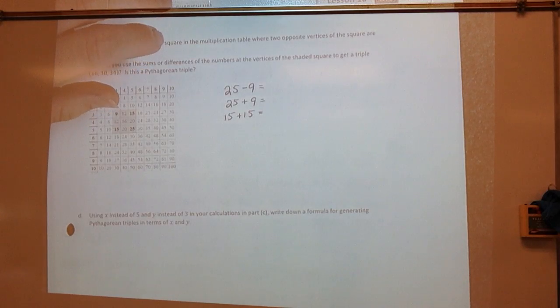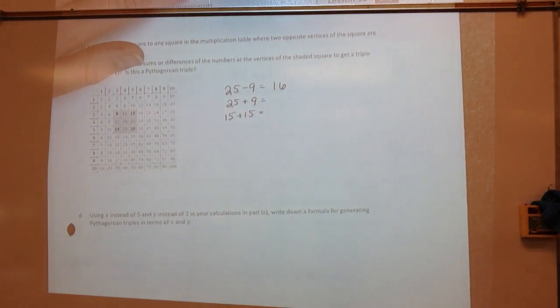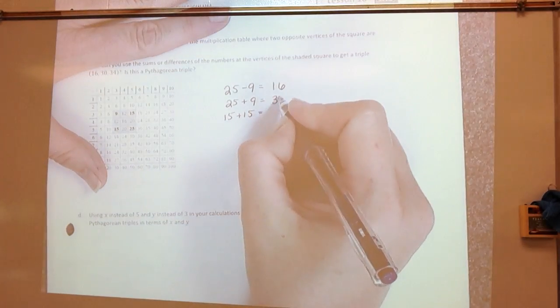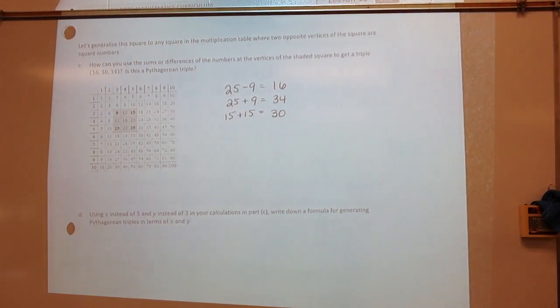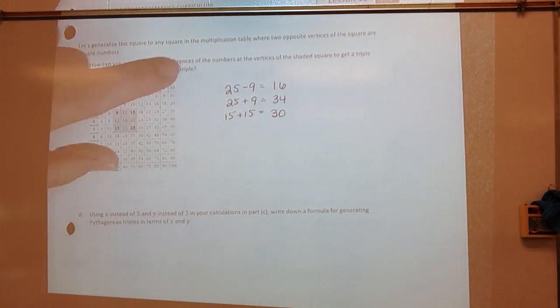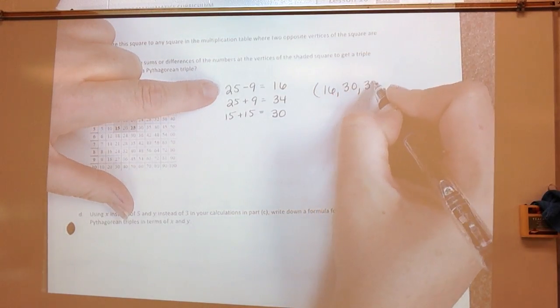Okay? So 25 minus 9 gives me 16. 25 plus 9 gives me 34. And 15 plus 15 gives me 30. Okay? So we would get the triple 16, 30, 34.